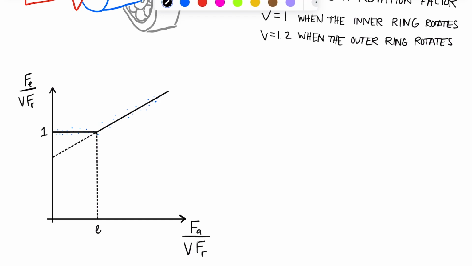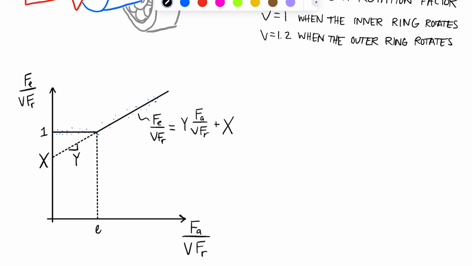So now the other thing we want to do is to go ahead and fit this straight line to an equation that has the form of y equals mx plus b. So if I do that, my y is Fe over V times FR, right? And I let that equal my slope, which is defined as capital Y, times x, which is FA over V FR, and then plus b, my intercept, which is just capital X, is how we've defined it.